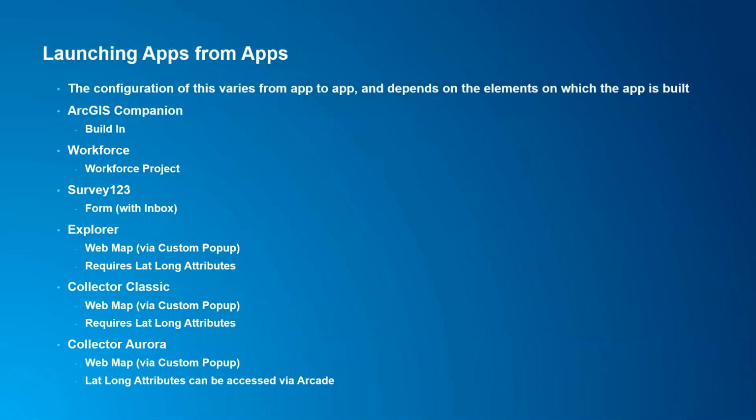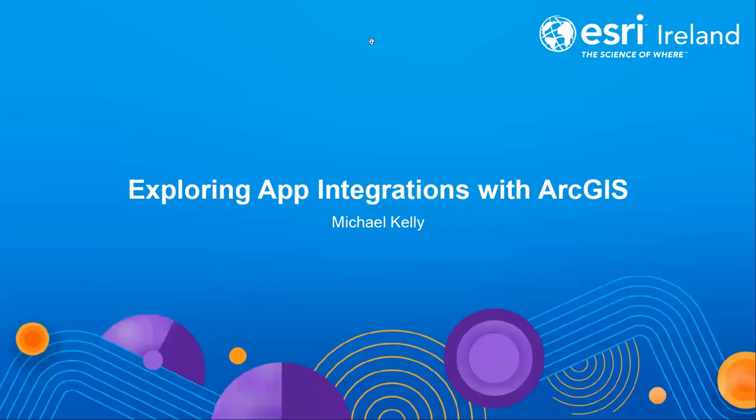So it can be difficult to launch them sometimes. Now with the new Collector, because you can use Arcade, you don't need those lat long attributes. You can just use Arcade to access the geometries associated with the different features. So we'll start off with Companion.